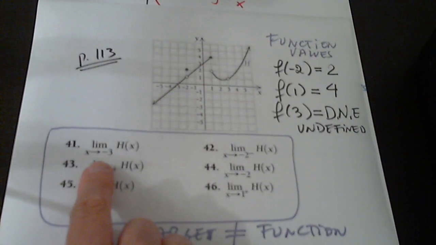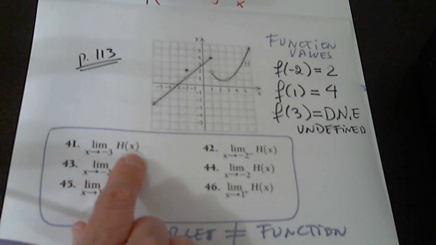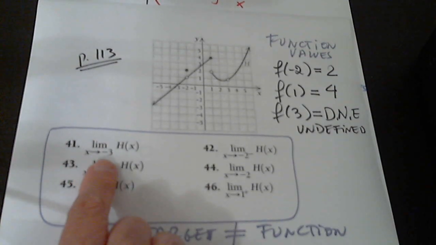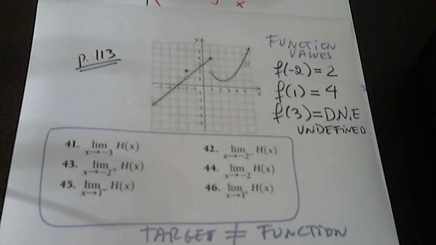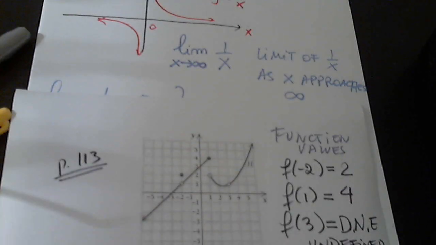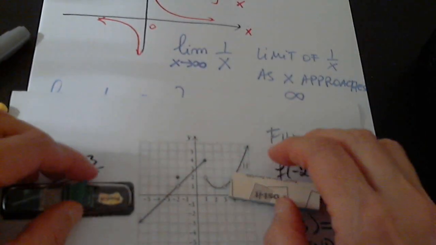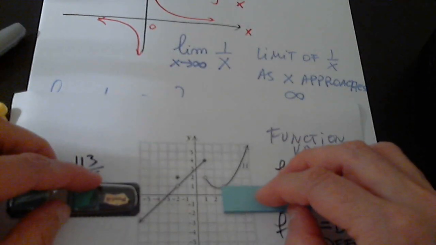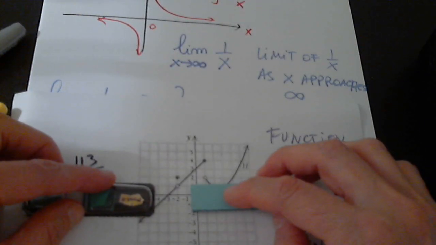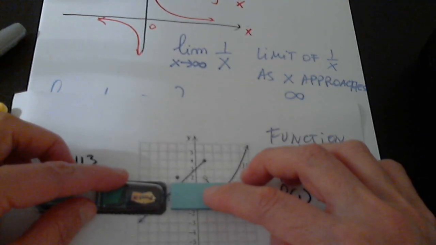So coming back to our graph, this says find the limit of the function as x approaches -3 from either side simultaneously. What is the target, which may or may not be the function value?